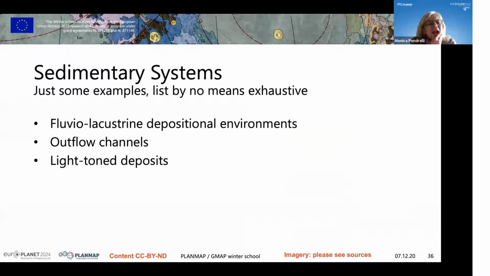Now, I'm going to speak a little bit on some of the sedimentary systems on Mars. Just some examples. I'm sorry, it would be an entire course to speak of all the sedimentary systems that have been described on Mars, but I will stick to the fluvial lacustrine deposition environments and the light tone deposits, because they are the ones more interested by studies on habitability.